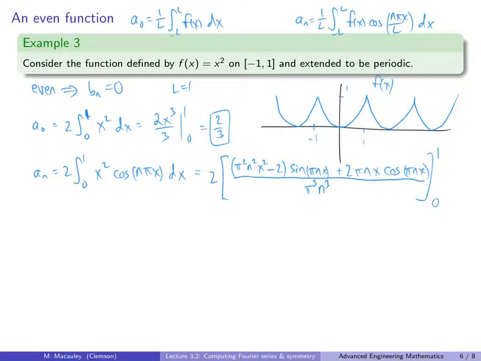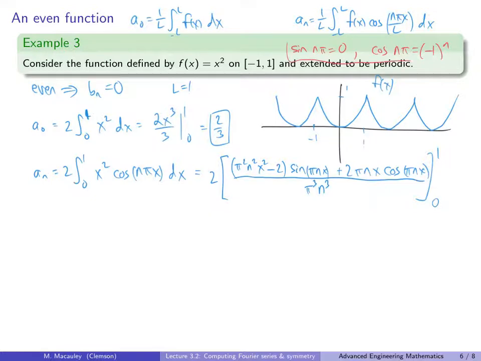Okay, before we plug these in, let's do some pre-processing or some thinking. Look at this first term. This is sine of pi nx. Now if we plug in 1 into that, we get sine of n pi. And remember that sine of n pi equals 0, and cosine of n pi equals -1 to the n.